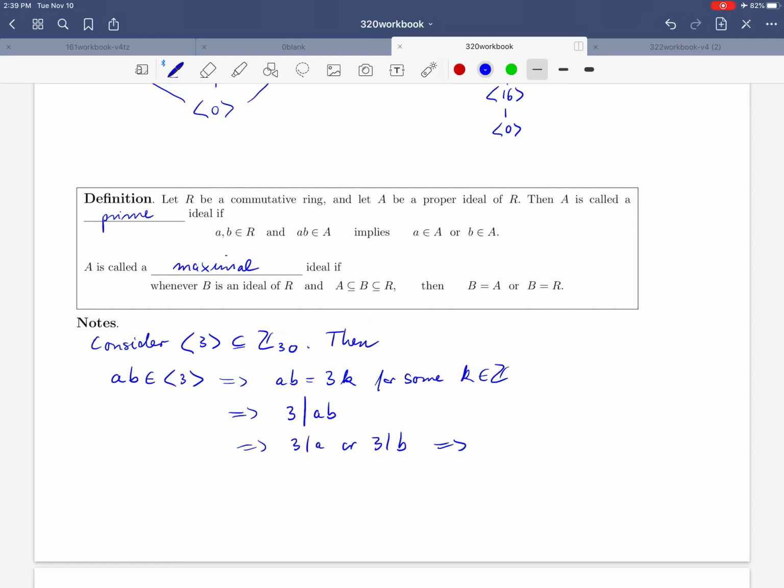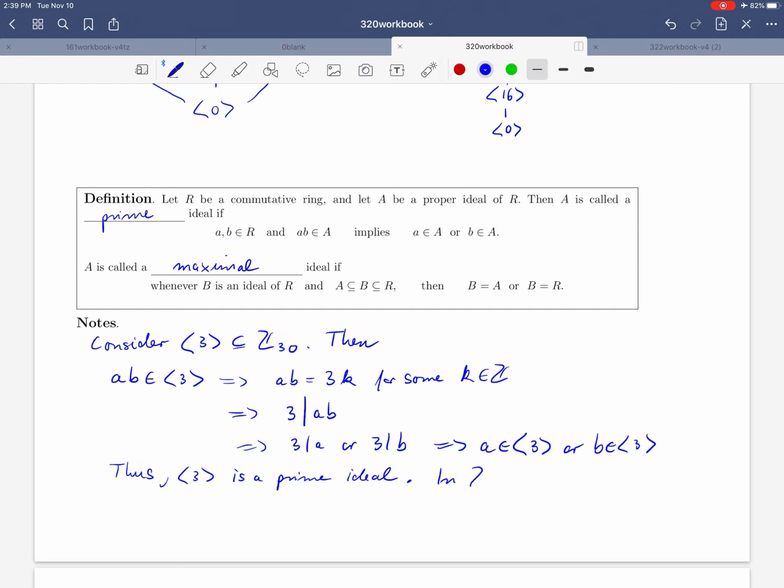But if 3 divides a, then a is an element in the principal ideal generated by 3. Or if 3 divides b, then b is an element in there. And that is our definition of a prime ideal. So this allows us to conclude that the principal ideal generated by 3 is a prime ideal.